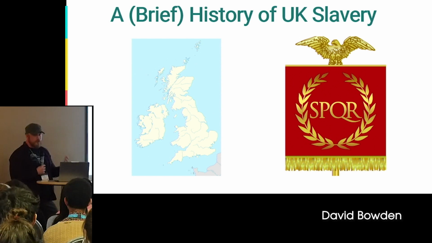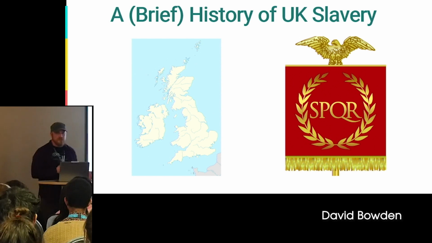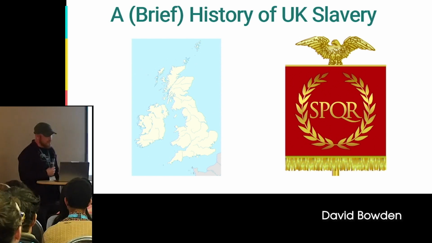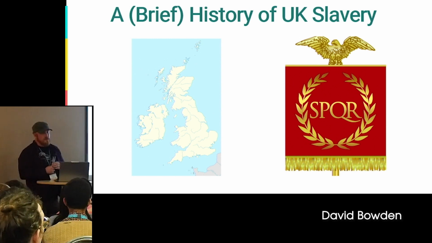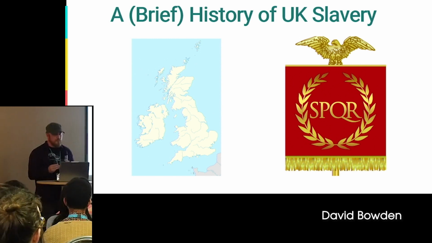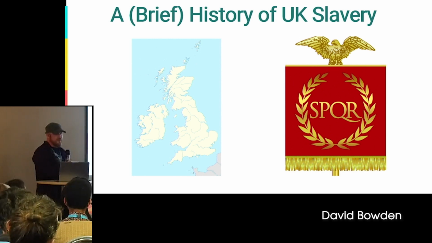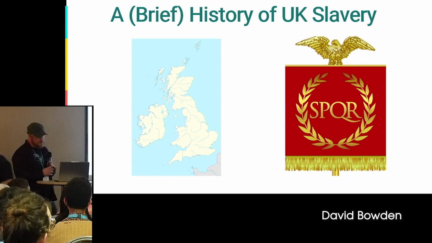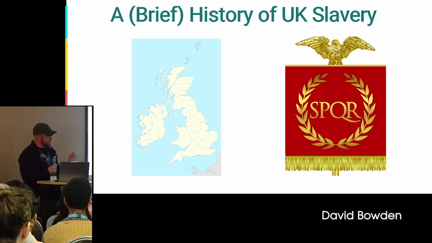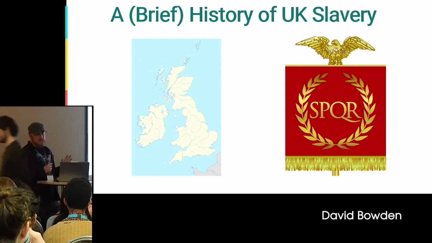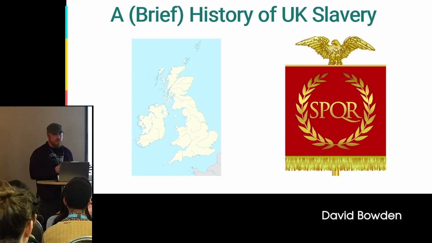After the fall of the Roman Empire, the Anglo-Saxons continued slavery, but with the conquest of England by William the Conqueror in 1066, slavery transformed into serfdom, which isn't much better. It's basically slavery tied to the land. By the 12th century, slavery as we know it didn't really exist in the UK anymore. It was largely replaced by serfdom.